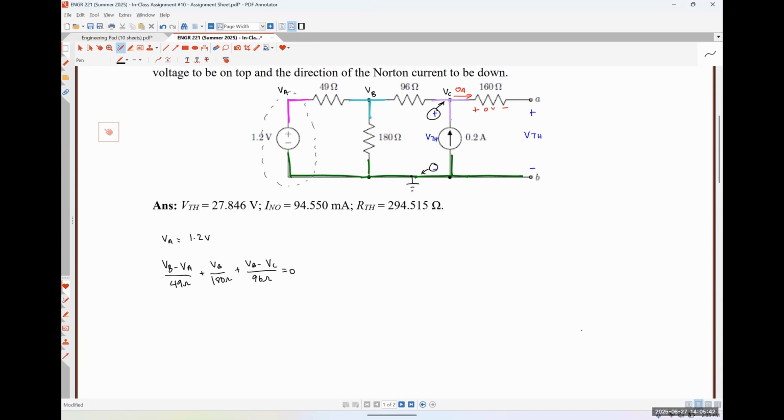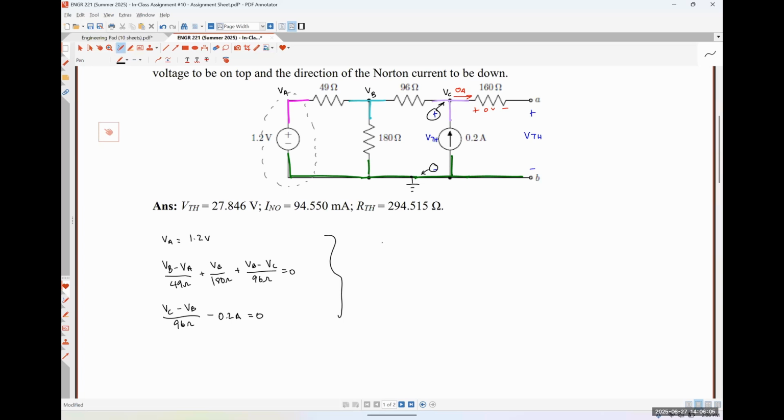And when we apply KCL at node C, we'll have (VC minus VB) over 96 ohms minus 0.2 amps is equal to 0, because I've already noticed that the current flowing to the right is 0 amps, so it's not adding anything to these equations.